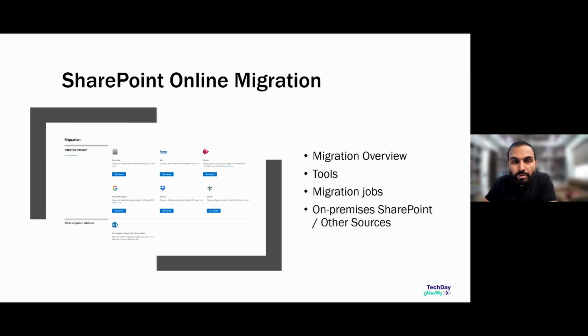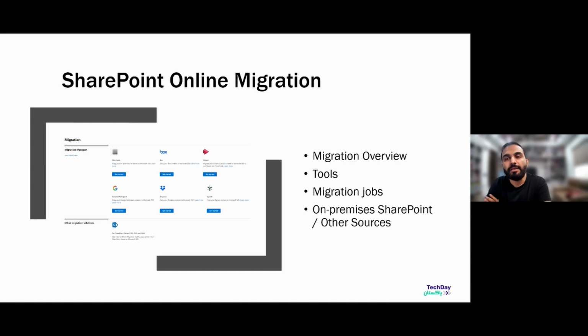Now there are more. One key important area is migrating content to SharePoint Online, which could be a complex process, but Admin Center provides tools to help you manage the transition smoothly.